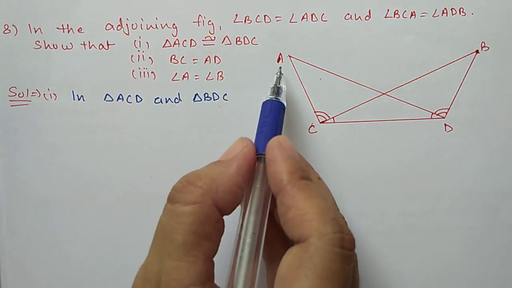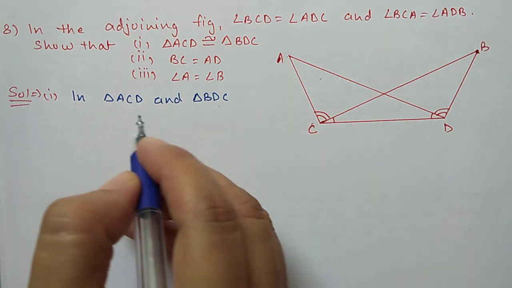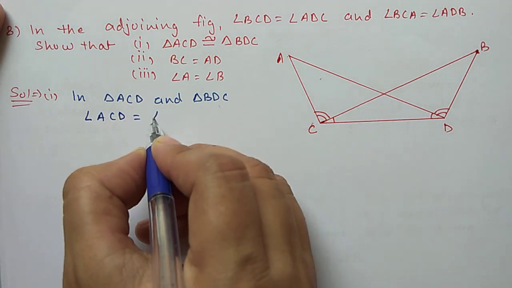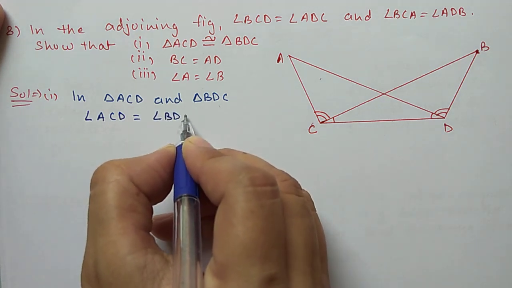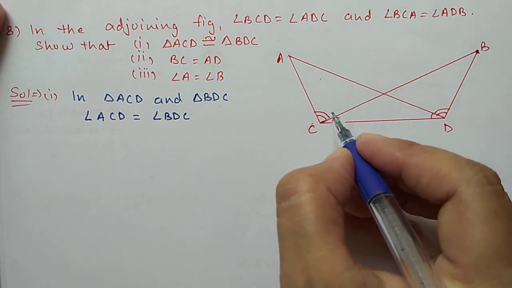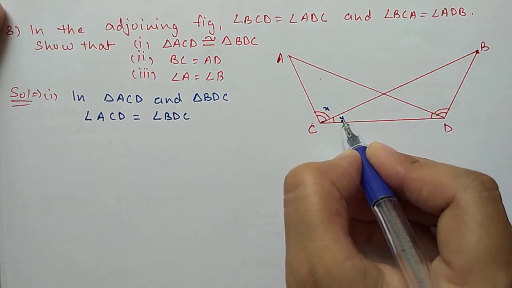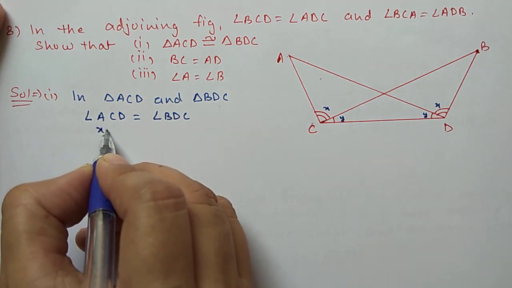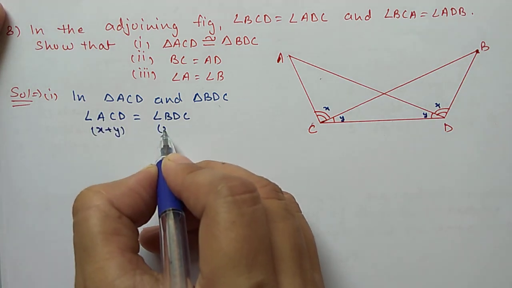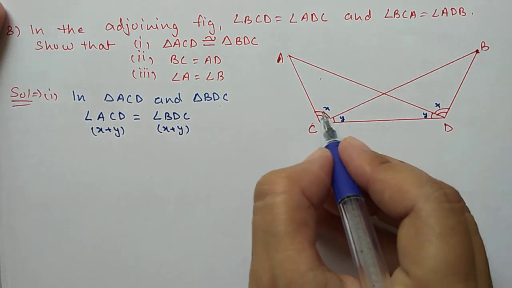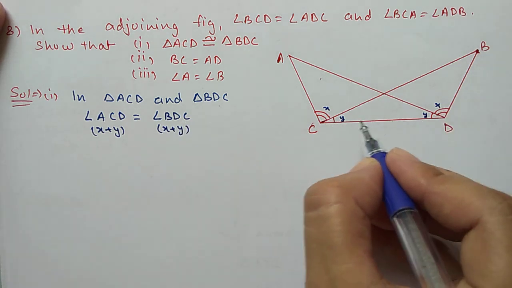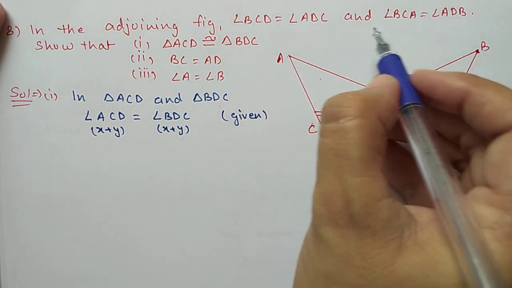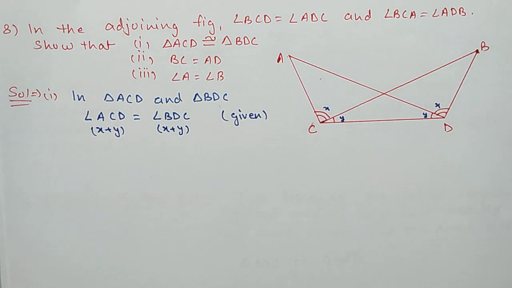So in triangle ACD, we can show that angle ACD is equal to angle BDC. Why? Because if you take this as X and this as Y, this as X and this as Y, so this is the sum of X and Y, and this one also X and Y. So these two are equal, so their sums also will be equal, and it is given in the question. Already these two angles are equal, it is given here.